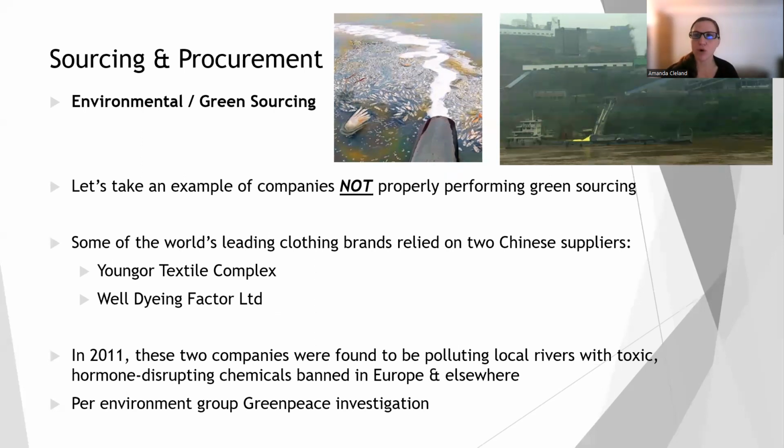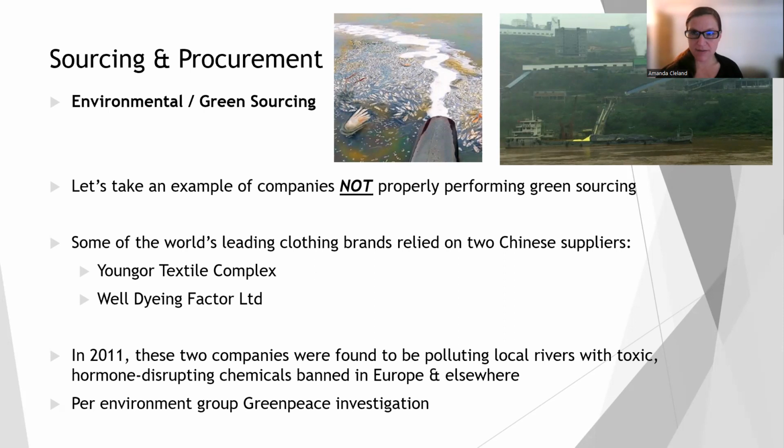So some of the world's leading clothing brands, probably some of the brands of clothing that you're wearing right now, relied on two big Chinese suppliers. The names of these two suppliers were Youngor Textile Complex and Well Dyeing Factory Limited.